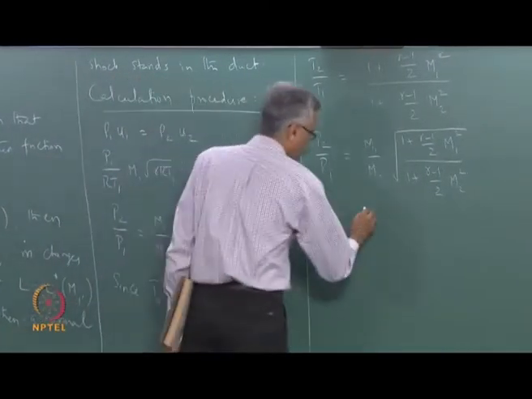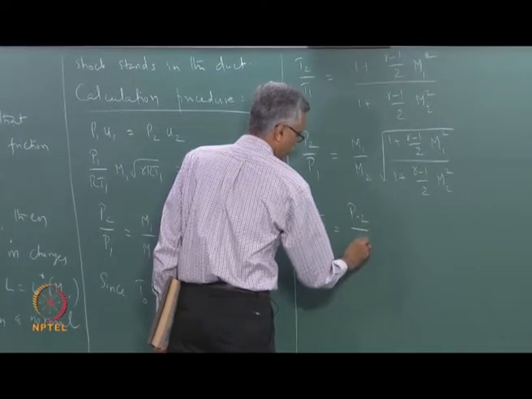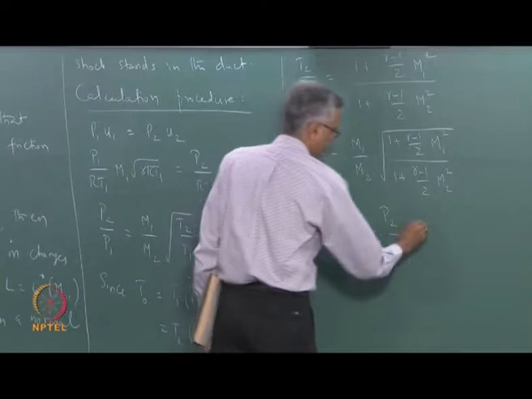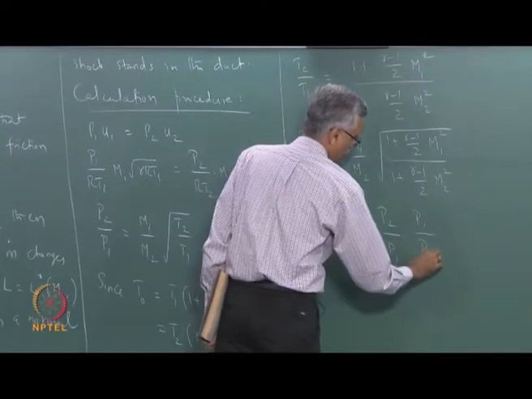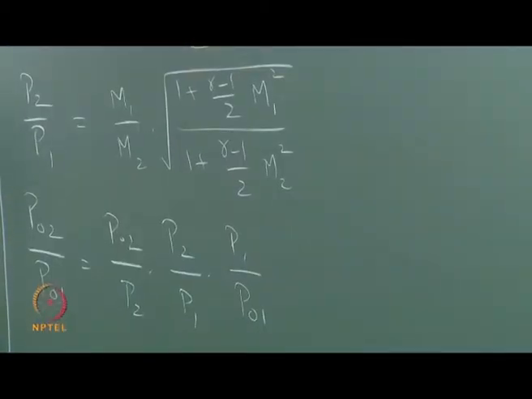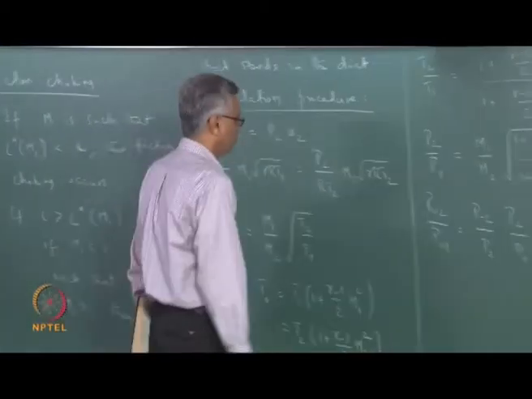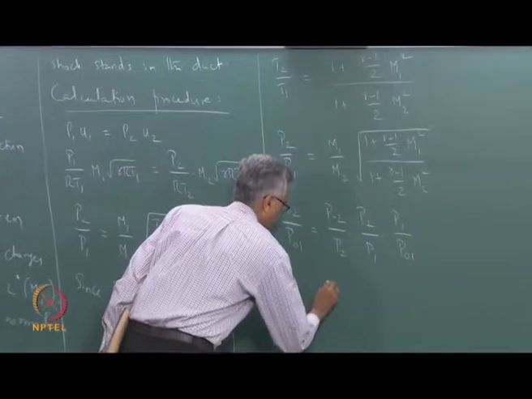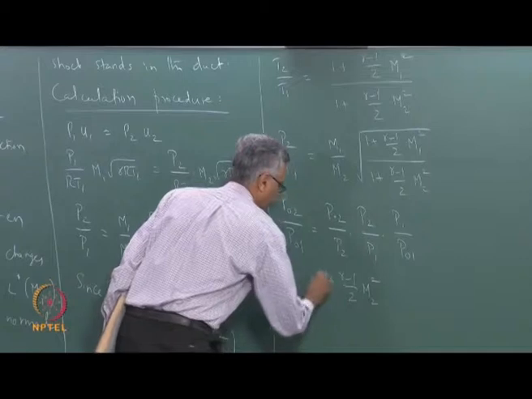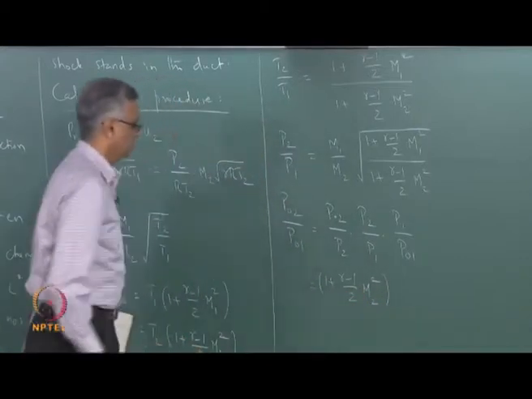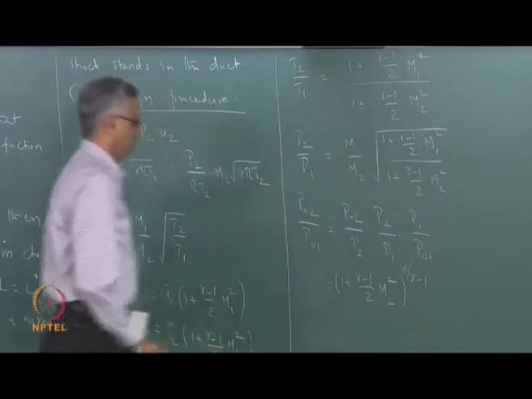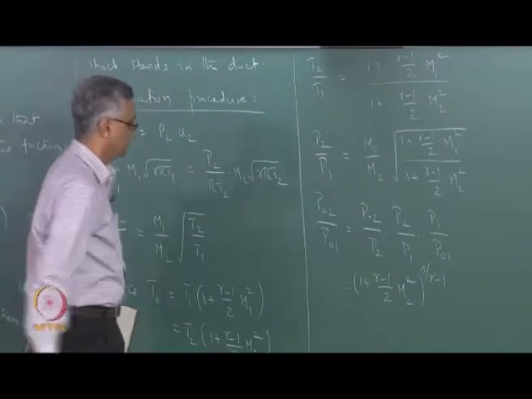So, P02 over P01 can be written as P02 over P2 times P2 over P1 times P1 over P01. And you know that P02 over P2 is nothing but 1 plus gamma minus 1 over 2 times M2 square raised to the power gamma over gamma minus 1, and P2 over P1 is given from here.